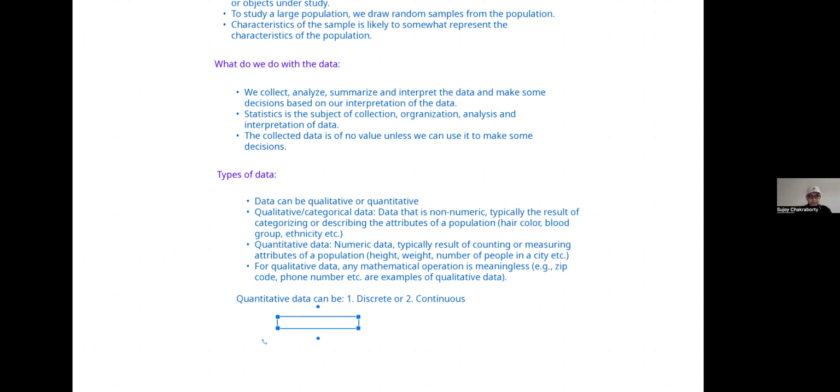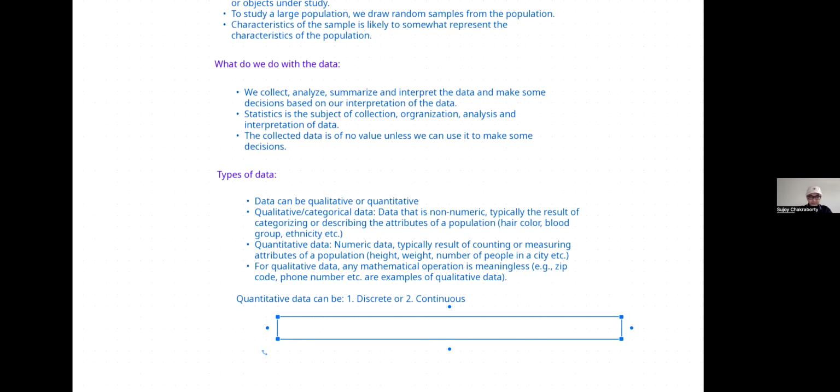So data that can take only certain numerical values are discrete data.